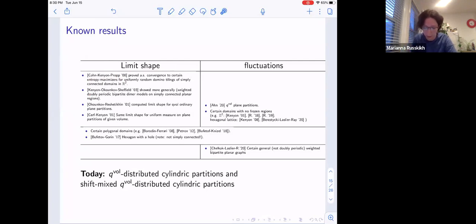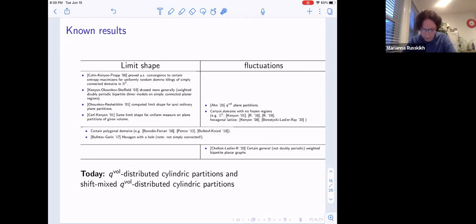And then Kenyon-Okounkov and Sheffield generalized this result for weighted doubly periodic bipartite dimer models, not only for the uniform random domino tilings, this dimer model on the square lattice.